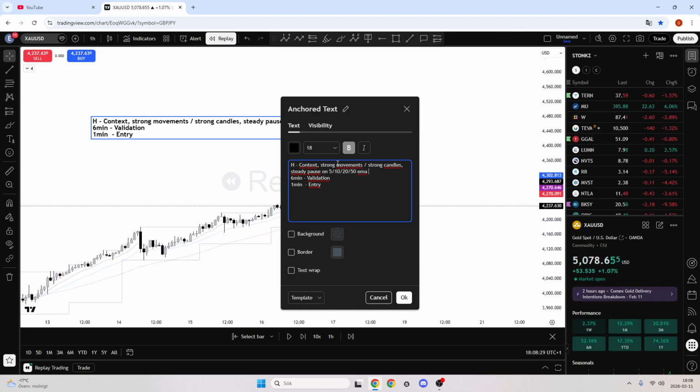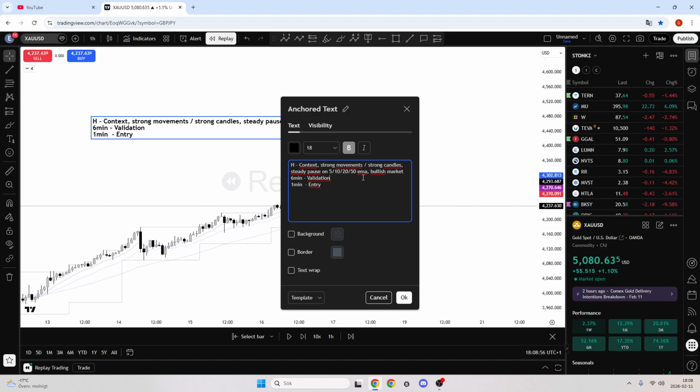If we are in a bullish market, I want to see price selling off to the EMAs very slowly. I will also explain to you guys how I see that. And yeah, strong movement, strong candles, steady pause on the 5, 10, 20, 50 MA, and of course a bullish market.